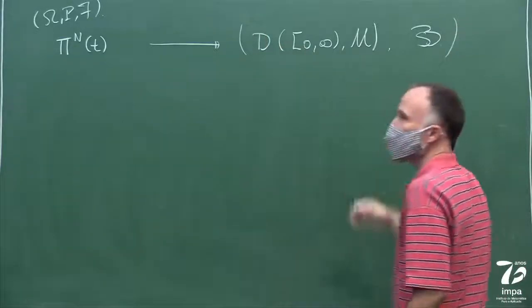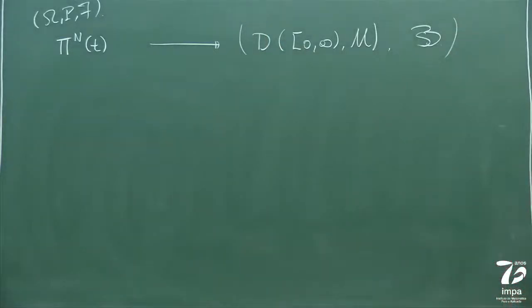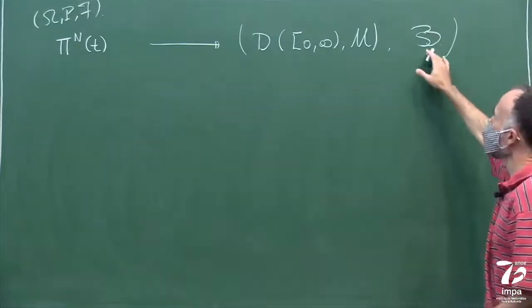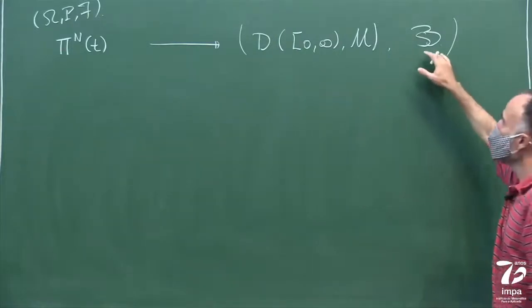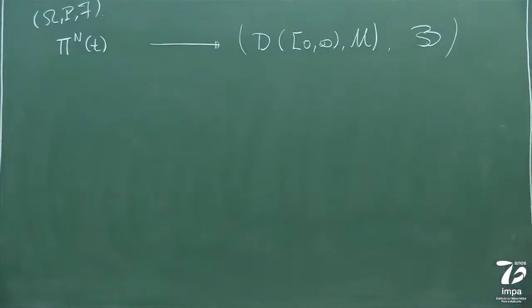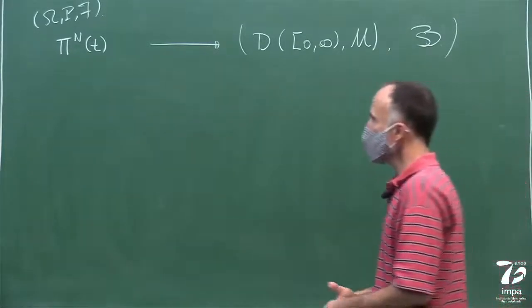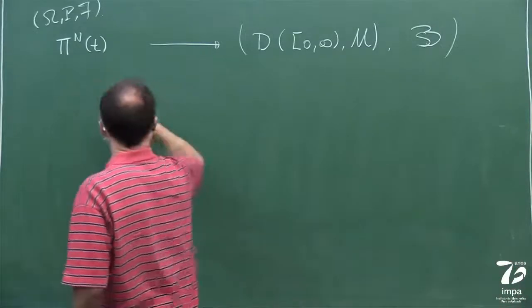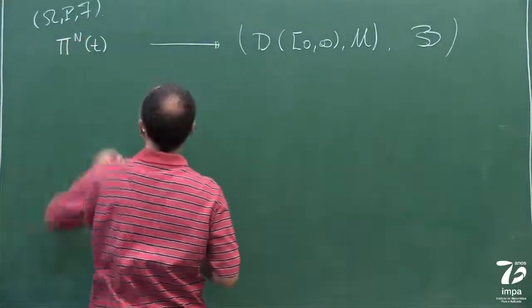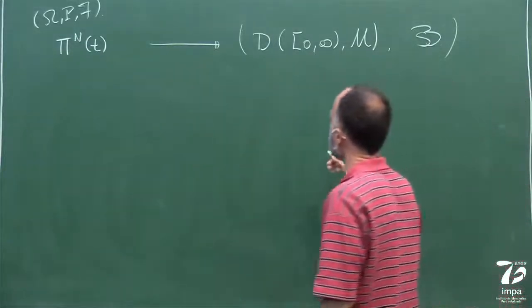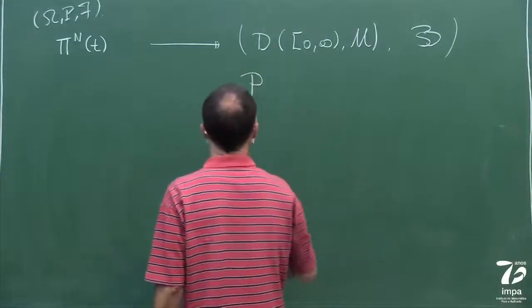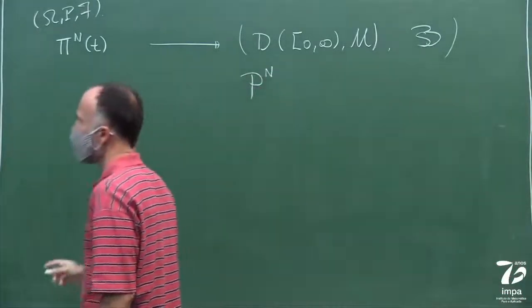We have seen that this space is a metric space, and therefore, once you have a topology, you have open sets, you can now define the smallest sigma algebra which contains the open sets. This is the Borel sigma field. So the Borel sigma field of this space is well defined. And therefore, this process and this measure P will define a measure in this space, which I will represent by P n, because it depends on n.